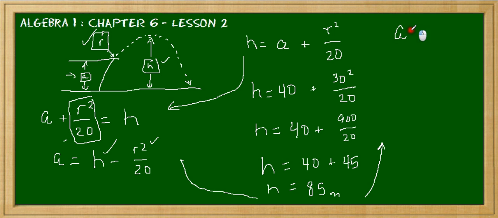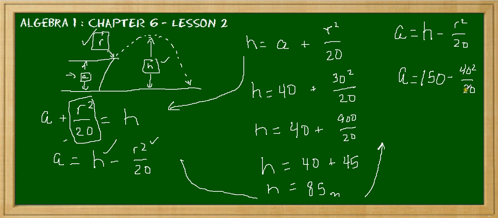We have A is equal to h minus r squared over 20. And we're told that h is 150 meters, is it not? And we're told that the speed was 40 meters per second. So that would be 40 squared, and that would be divided by 20.